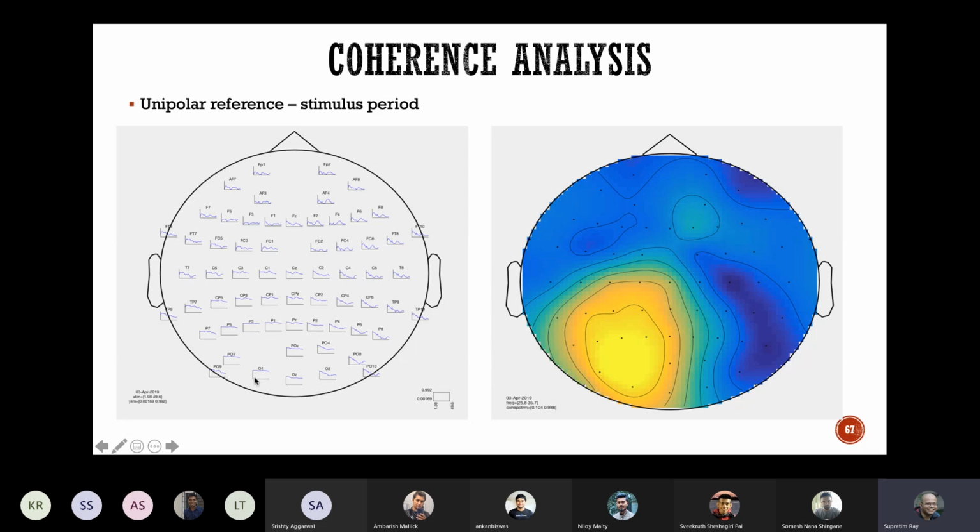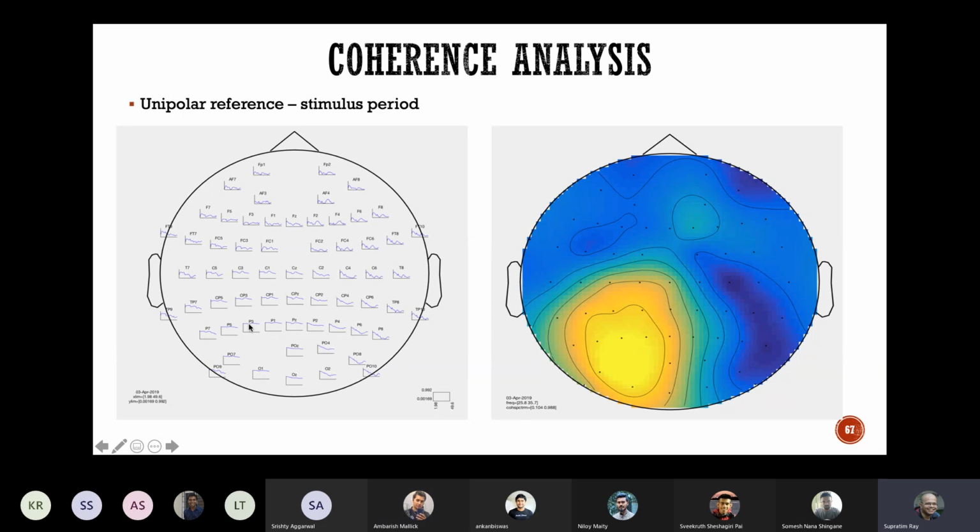So why is that? Anyone? Are you guys able to see these plots? Yes, sir. Okay.